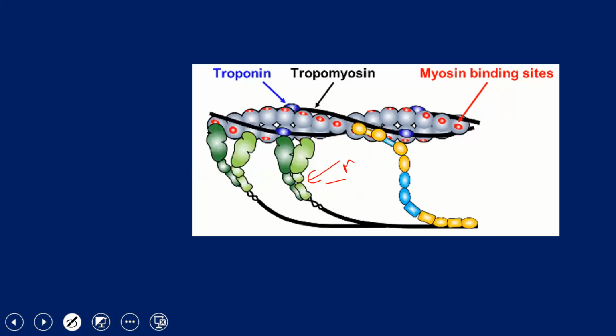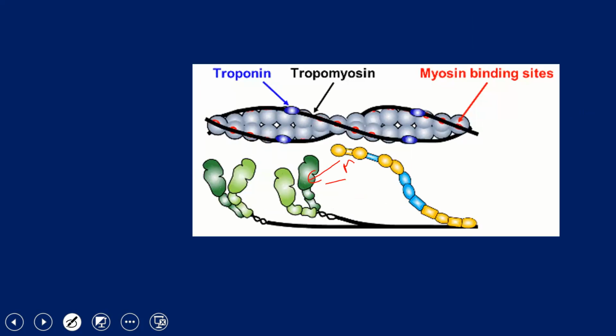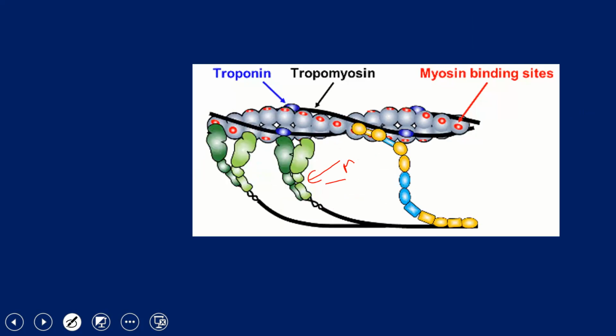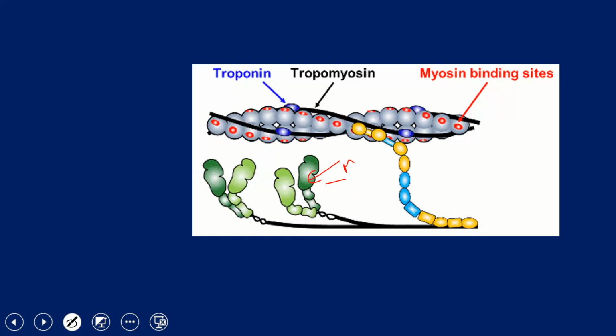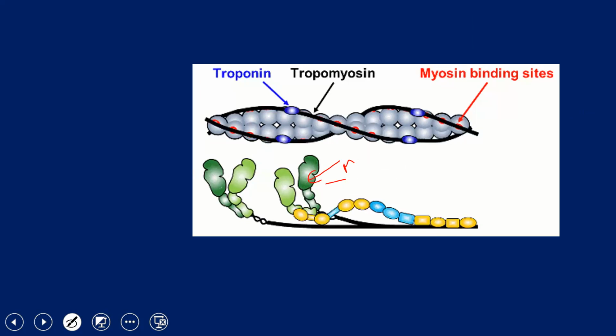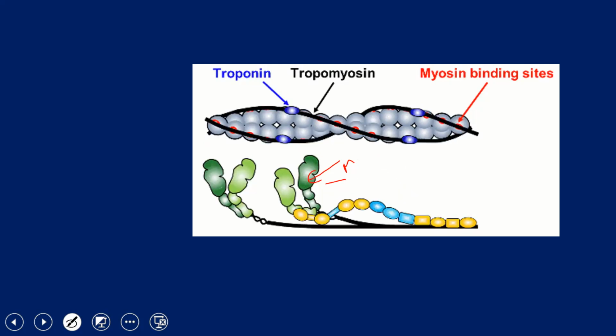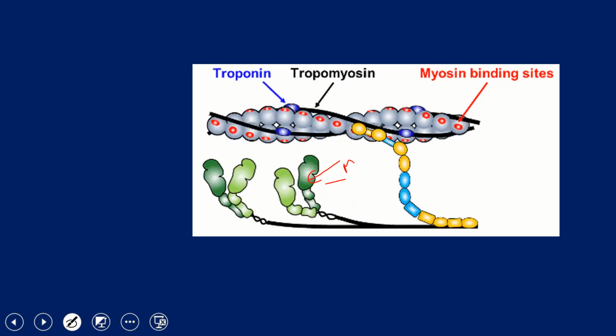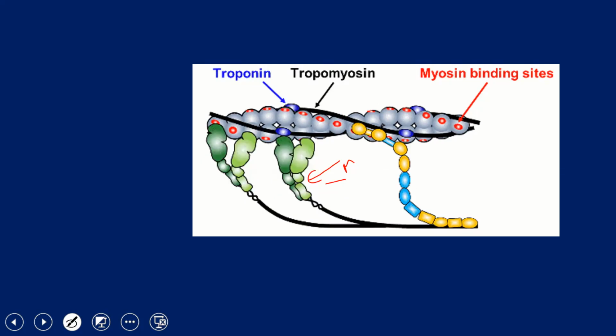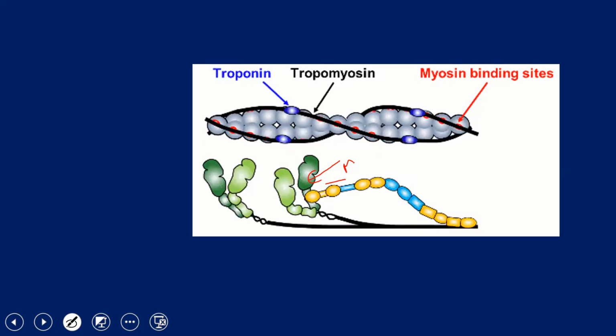The tropomyosin masking and troponin is removed by calcium ions, and that's why this can bind to the myosin. Got it, Rahi? This is what happens in sliding filament theory.